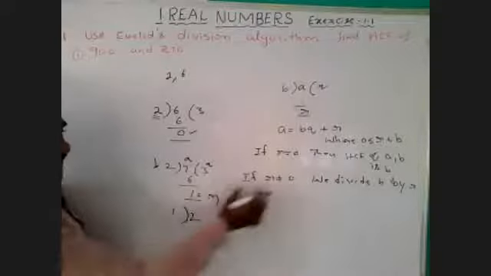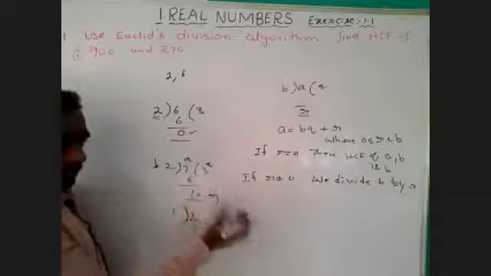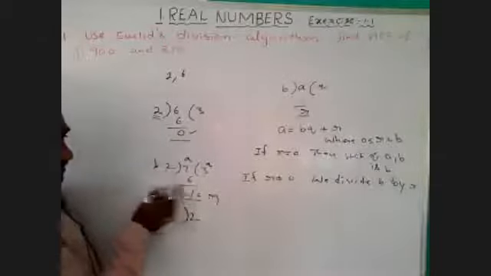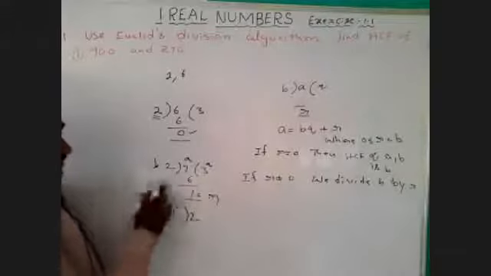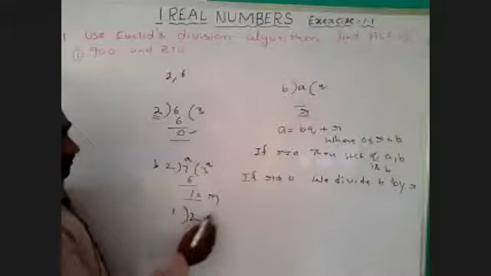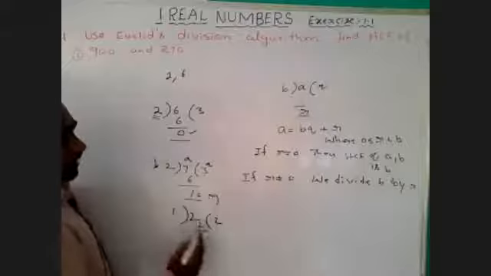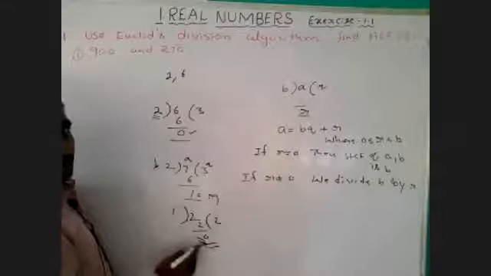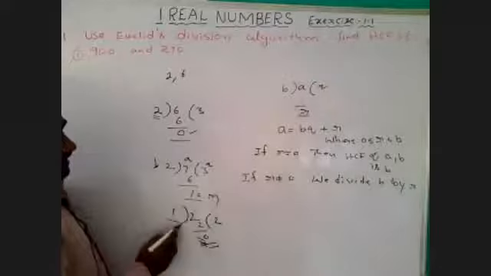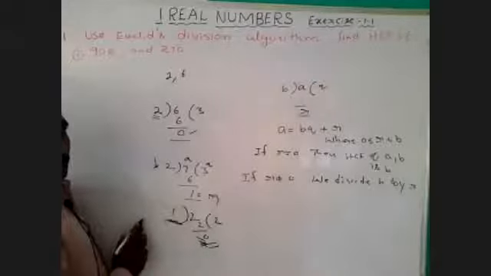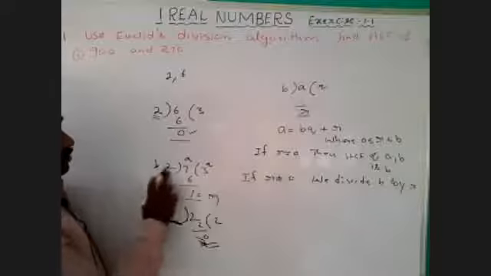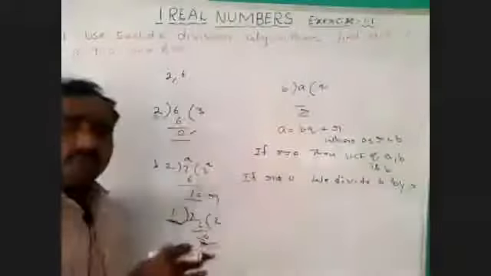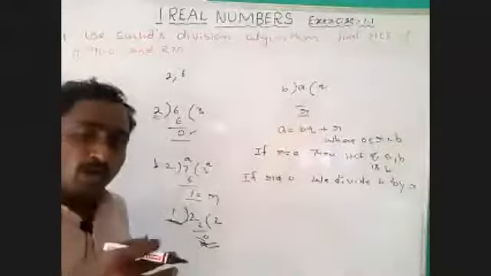So 2 by 1: 1 two is 2, 2 minus 2 is 0. So here R becomes 0. The last divisor is 1. Therefore 1 is the HCF of 2 and 7. This is the process to find the HCF of any two positive integers.